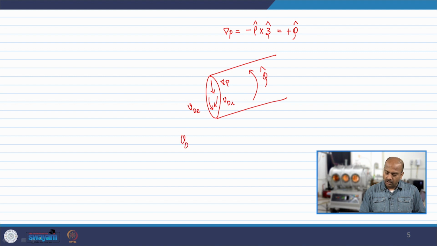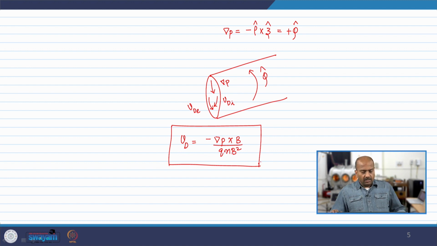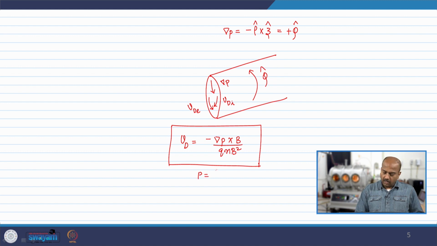So, V d is written as minus del P cross B by q n B square. This is the main expression that we have to remember. So, we know that the pressure P can be written as C times rho to the power of gamma, okay.